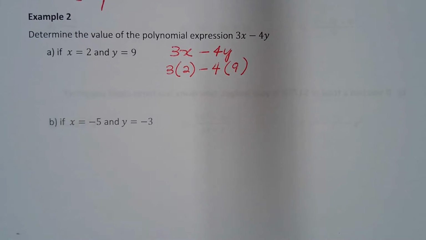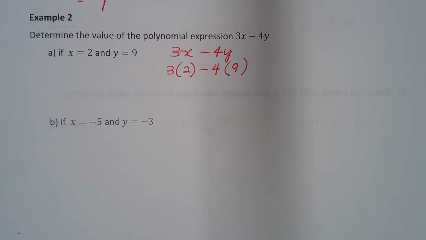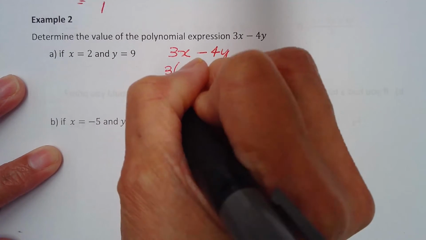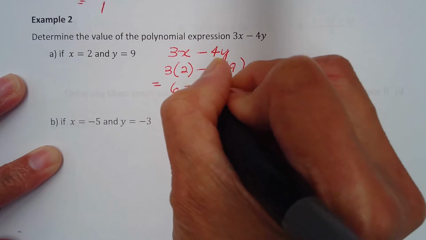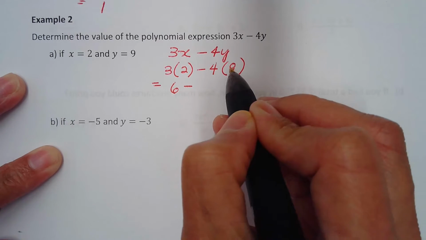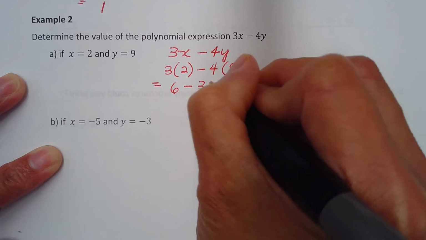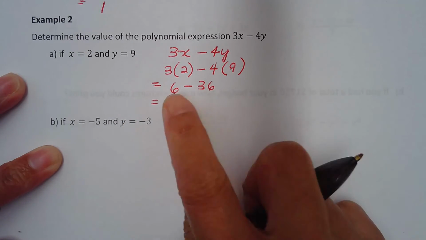Again, we are going to continue to follow the order of operations. So we have to multiply first and then subtract. So equals 3 times 2 is 6, minus 4 times 9 is 36. And what would that be?